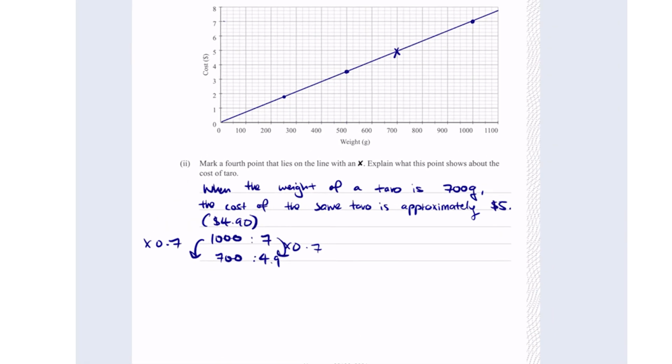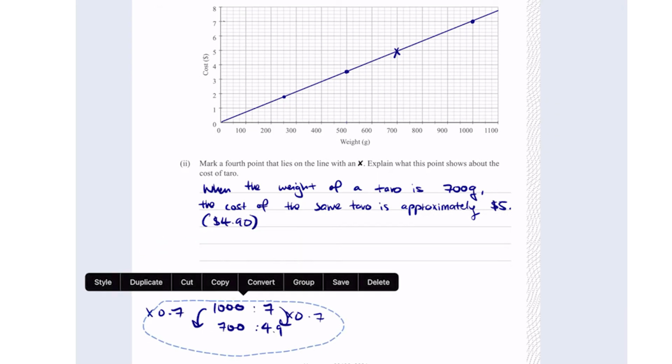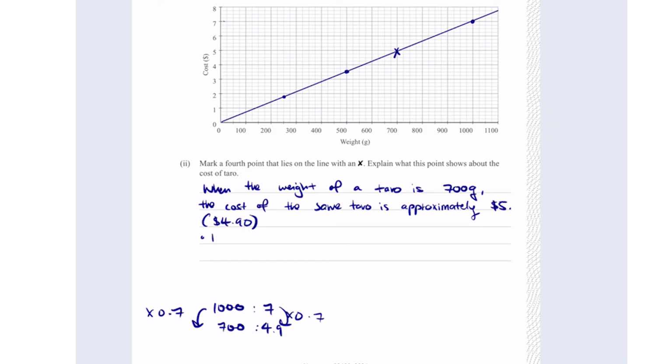But yeah, we could also say, what else might we want to say? We might say there is a positive linear relationship between weight and cost.